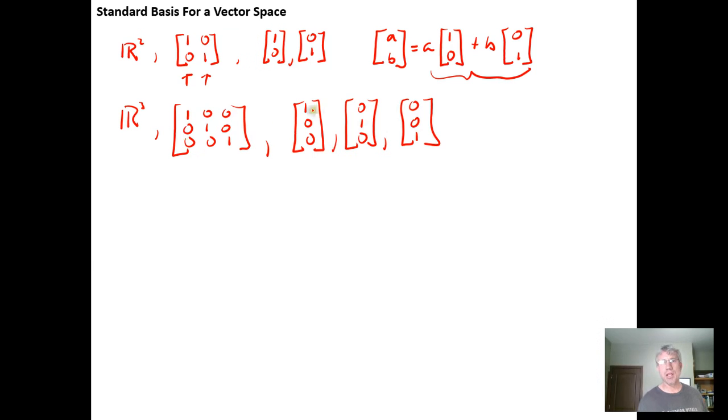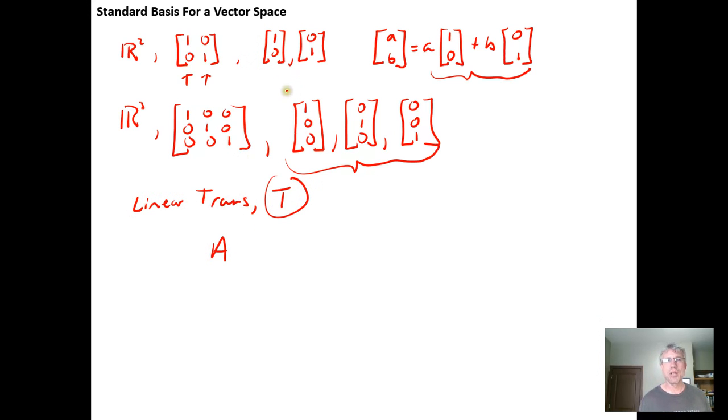And the reason these basis vectors are going to be important to us is because if we have a linear transformation T, we can actually come up with the transformation matrix for the linear transformation T by looking at how the transformation changes or transforms the standard basis.